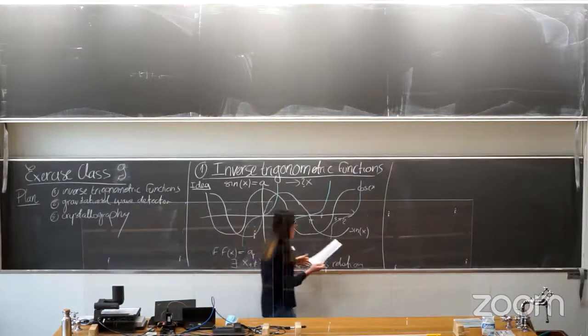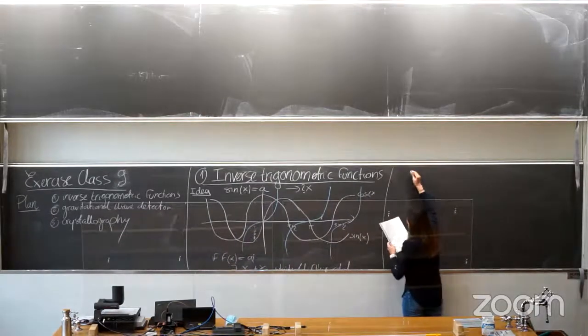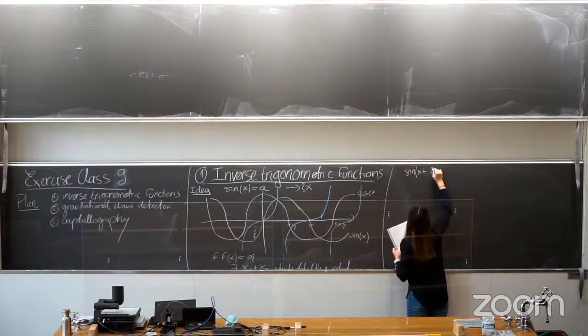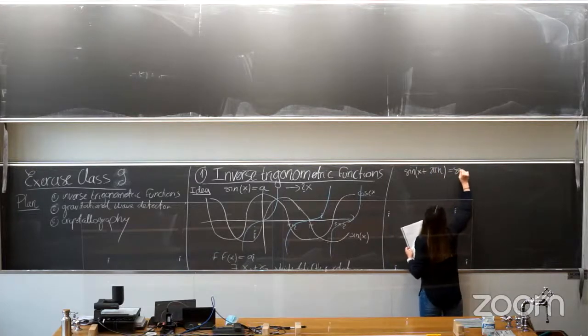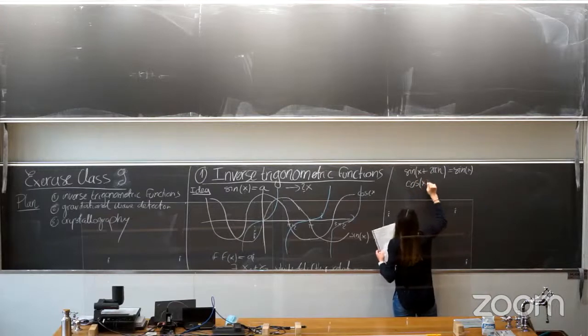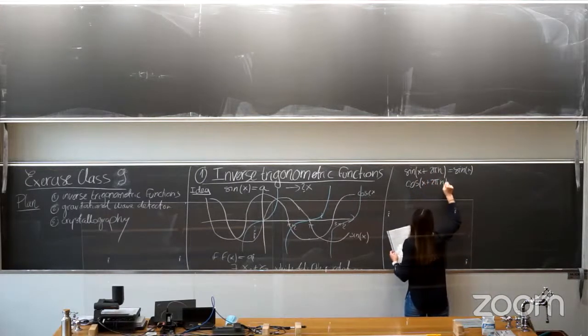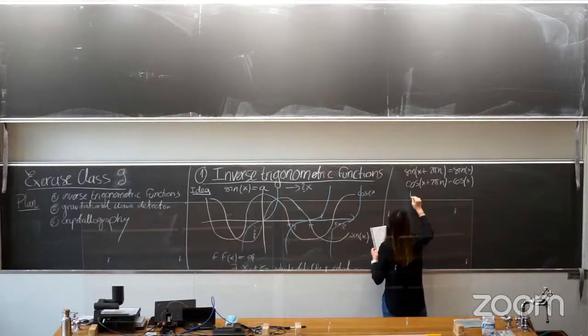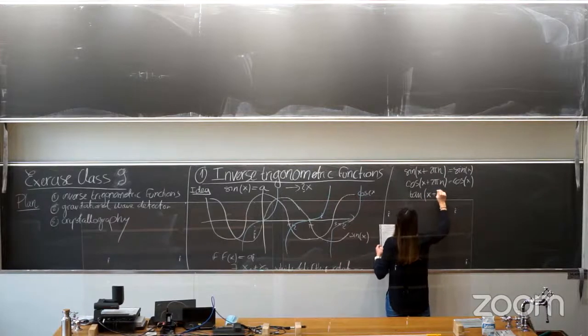So why this? Because we have the periodicity condition. This is also for cosinus, and the tangent has a pi periodicity.